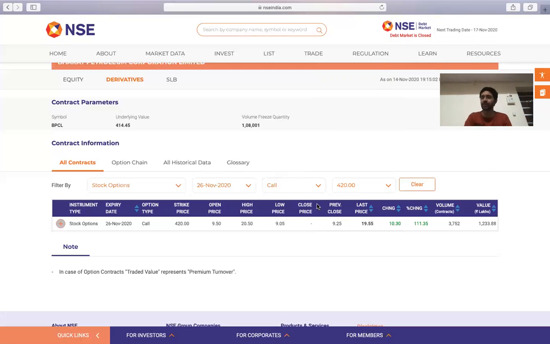Okay. What I'm trying to drive home is that the factors we are learning about, which influence the price of a call option or a put option, will actually work in the real world as well, right? So a call option whose strike price was 400, a lower strike call option, has a higher premium. And the reason it has a higher premium is because if you exercise that call option, you only have to pay 400 instead of paying 420 in this case, right?